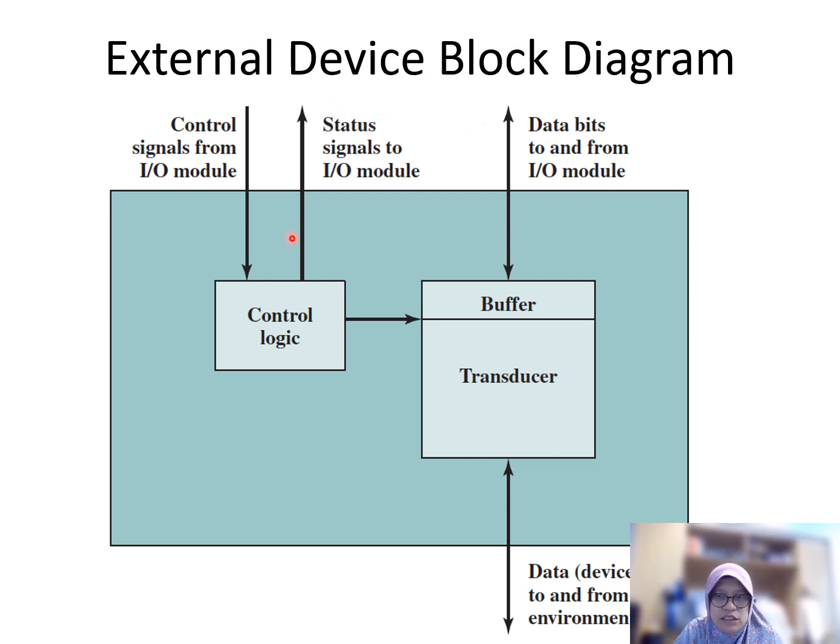The control signal determines the function that the device will perform, such as send data to the I/O module, like input or read, or accept data from the I/O module, like output or write, or report status, or perform some control function particular to the device, such as positioning the disk head to a certain sector.